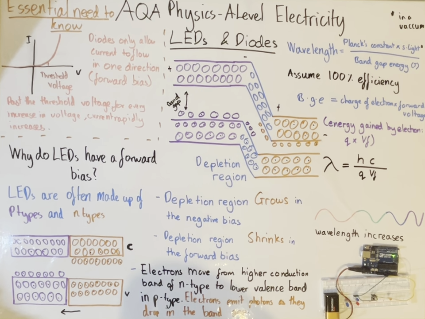And now we can move on to looking at different LEDs. So if I switch this circuit on right now, we'll notice that the blue LED is shining a lot brighter than the red LED. But this is because this red LED actually broke when I connected it directly to a 6-volt battery.